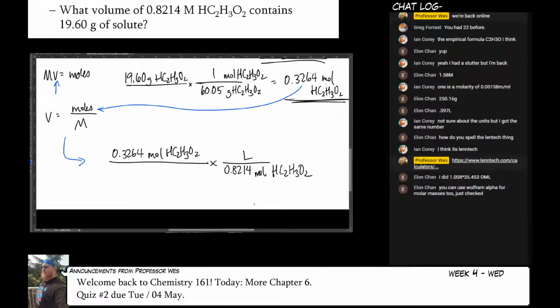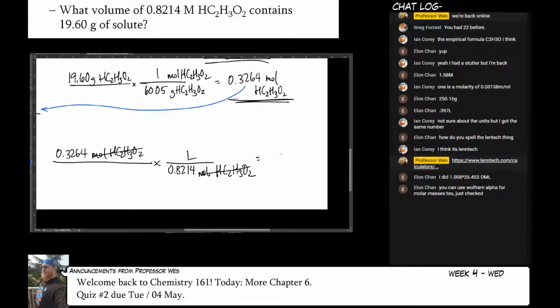And now that totally makes sense as written. So if I divide these two numbers, I will get the volume of vinegar that has that much in it. There you go.